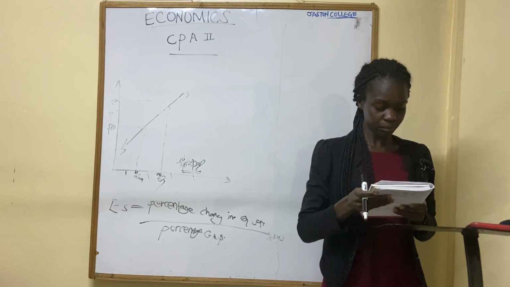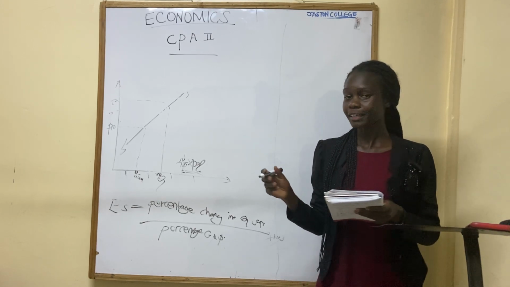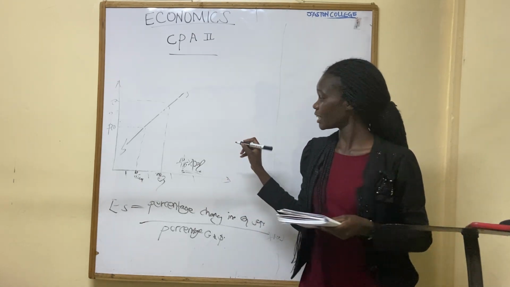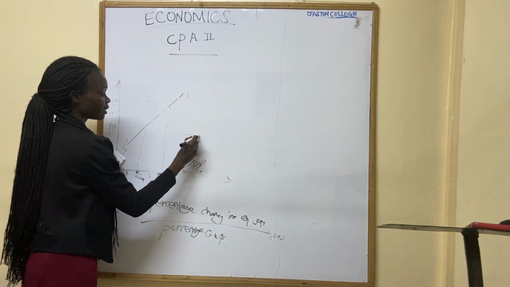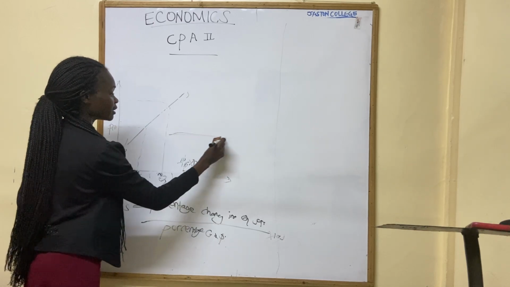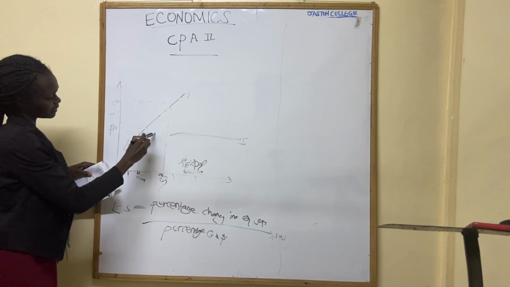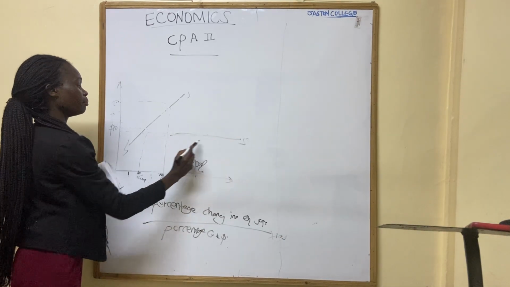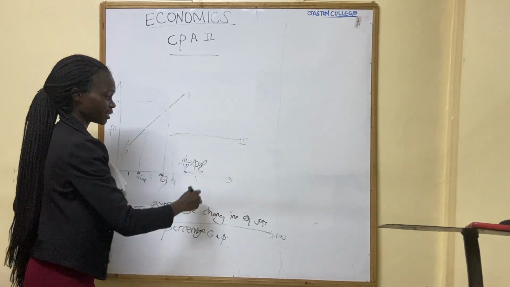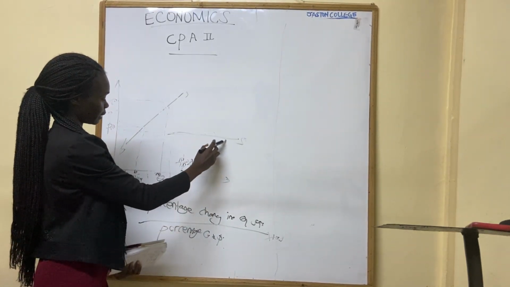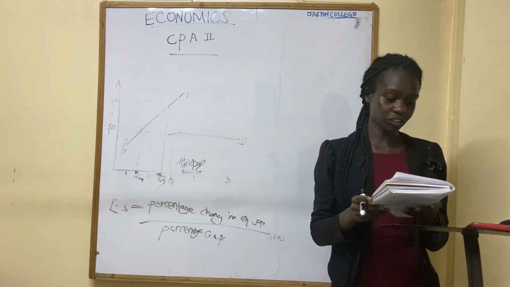This is where the supply curve is horizontally straight. This means that the price is constant, but the quantity supplied changes. The quantity changes, but the price does not change.